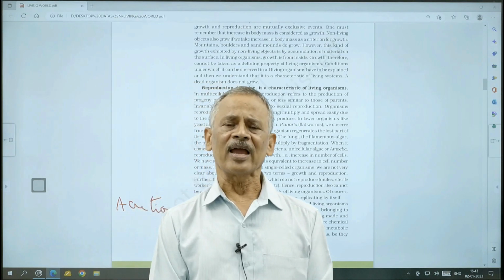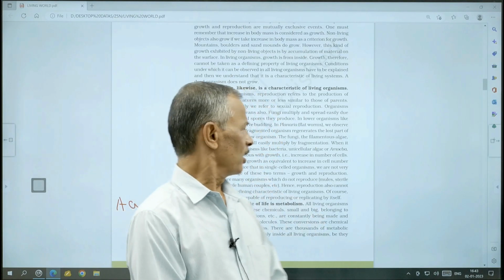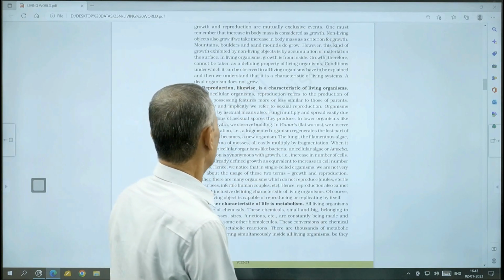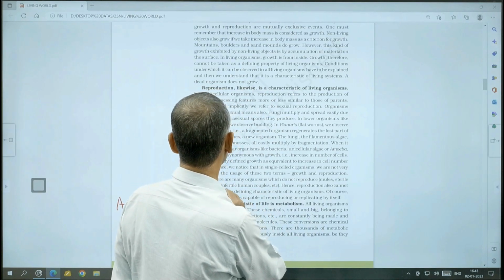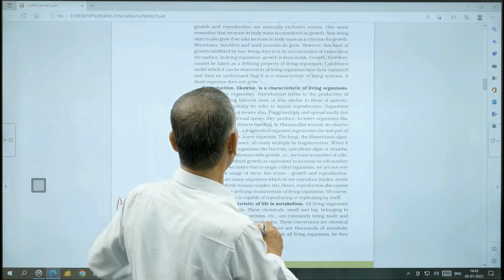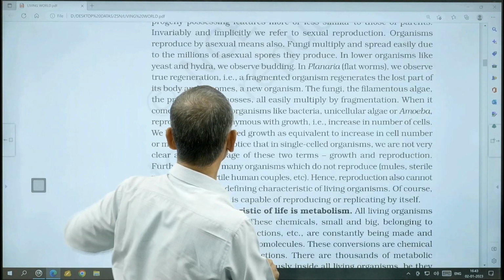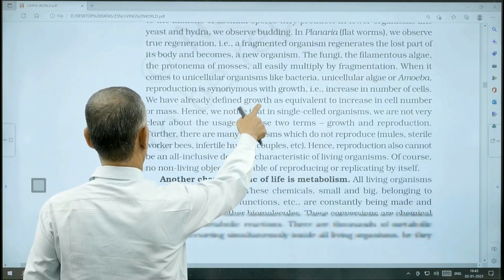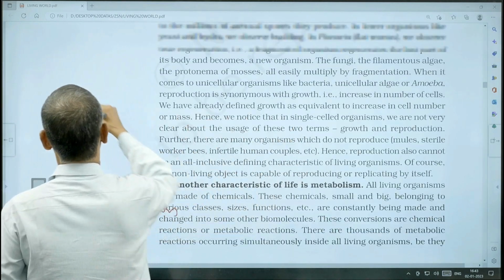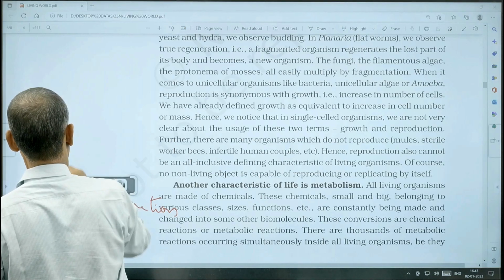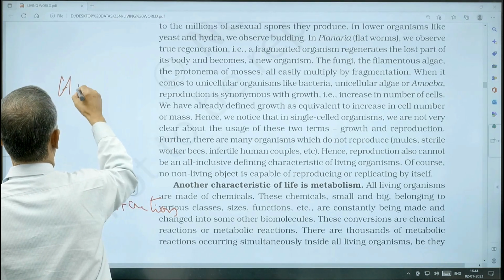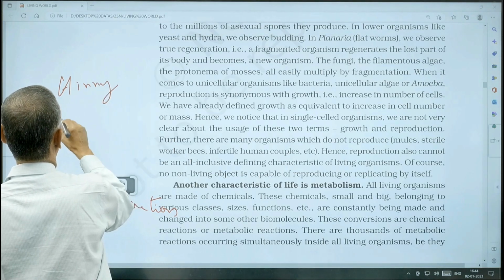Similarly, we are having the hybrids. We are having two organisms like hinny and mule.